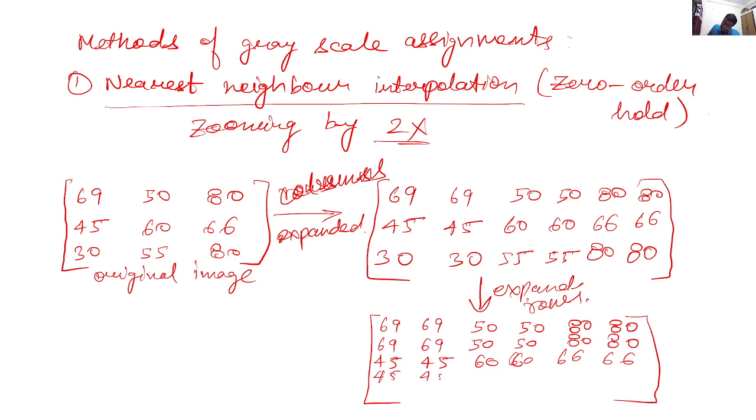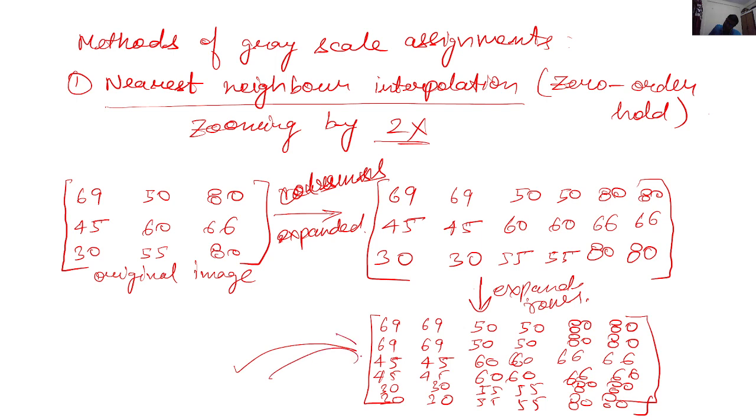Again 45, 45, 60, 60, 66, 66. And the final ones again written twice, duplicated: 30, 30, 55, 55, 80, 80. So this is the image with rows and columns expanded.